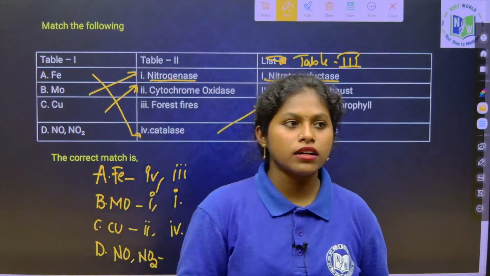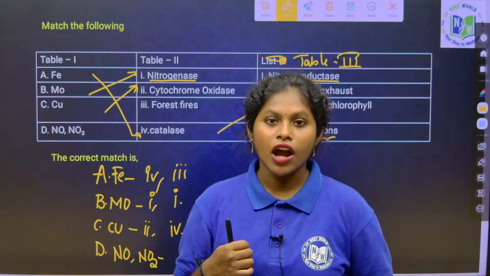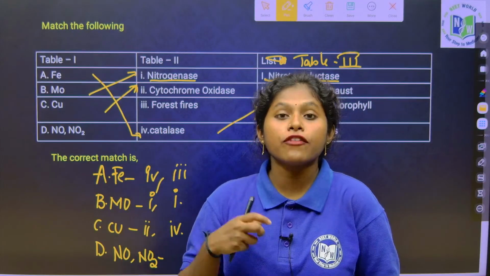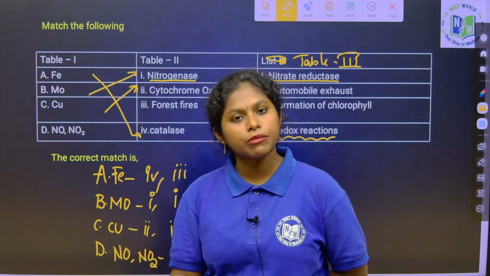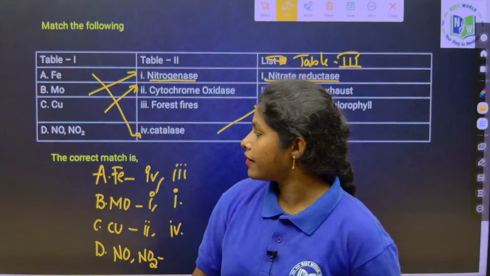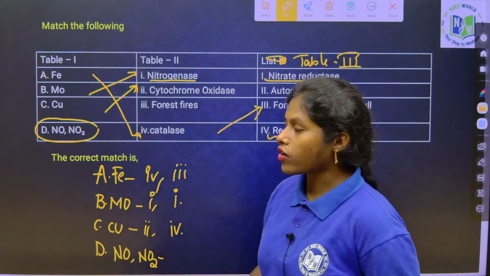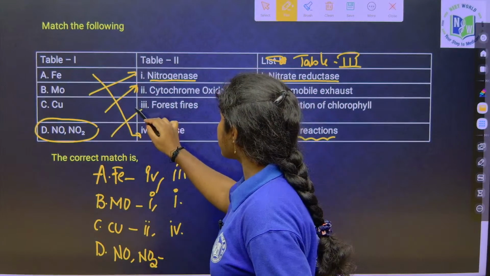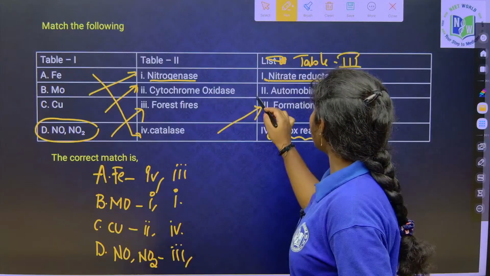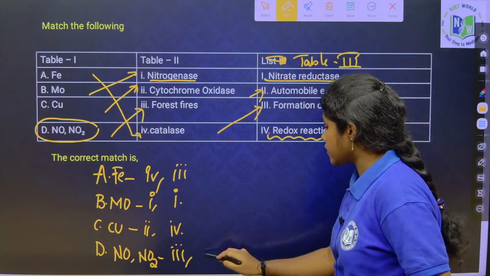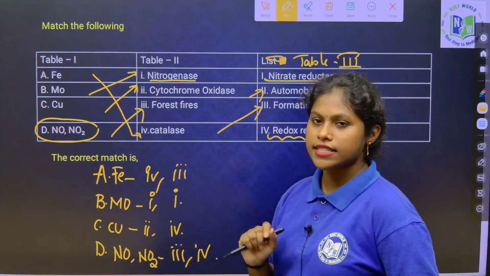How? By the lightning of heavy storms, and also industrially, automobiles, and also from forest fires, there is a release of large amounts of nitric oxides, right? So here is the nitric oxides. Now nitrate oxides are involved in forest fires and also automobile exhaust. Got it?